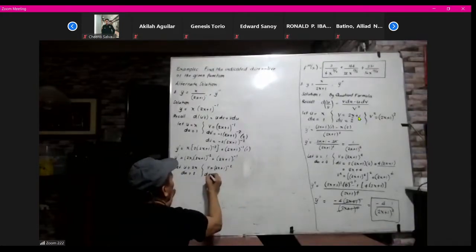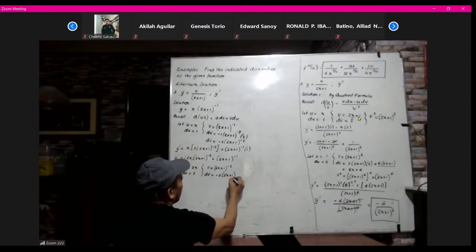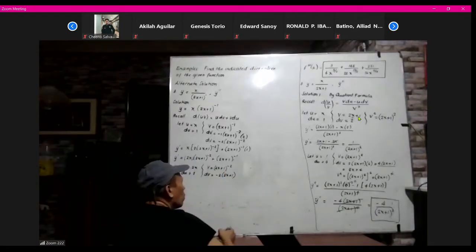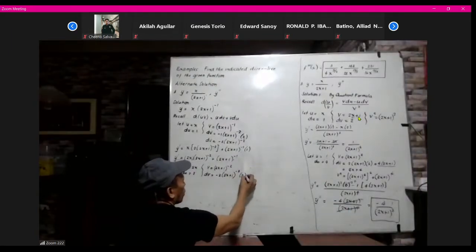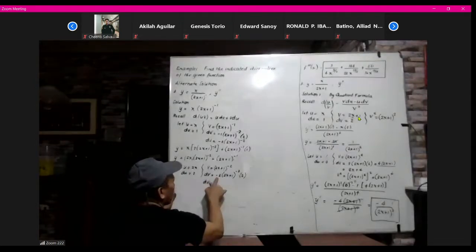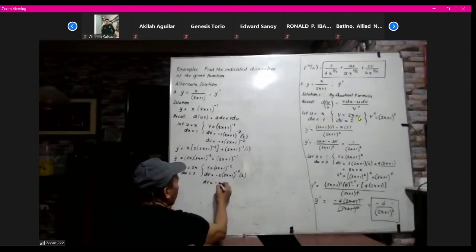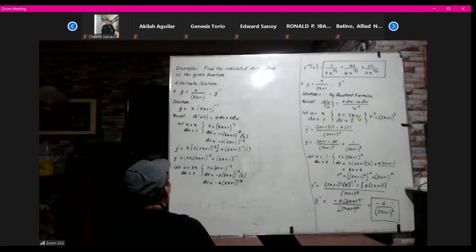Derivative of v equals negative 2 times 2x plus 1, then minus 2 minus 1 is minus 3. Derivative ng 2x is equal to 2. Derivative of 1 is equal to 0. So, 2 na lang. Therefore, dv is equal to negative 2 times 2, negative 4 times 2x plus 1 raised to negative 3. Okay.